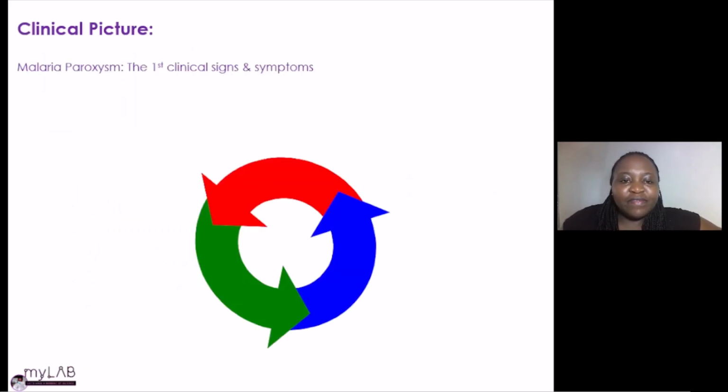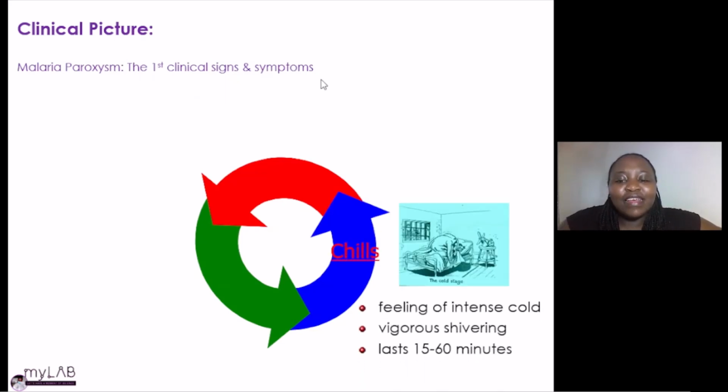Now, a small snippet into the clinical picture of the very first clinical symptoms that usually will occur, what we call malaria paroxysm. Usually we begin with chills, and chills are characterized by feeling intense cold, vigorous shivering that will last for about 15 to 60 minutes.